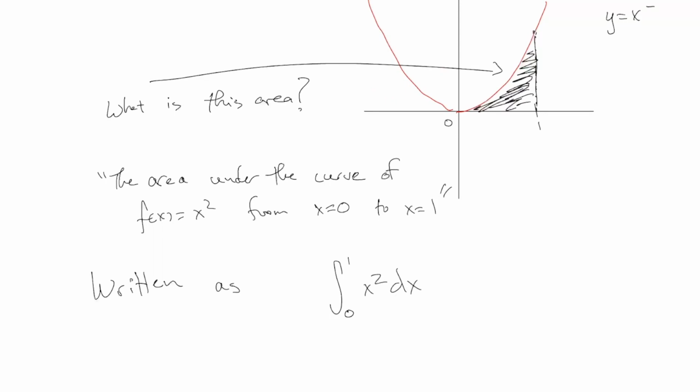All right? We write this area also using the integral sign, even though this is very different. The integral sign without the little numbers means antiderivative. The integral sign with the little numbers means the area under the curve, which is totally different. Like this, whatever it is, it's a number, right? Whereas the antiderivative would be a function with a plus c on it. All right? This is called the definite integral.